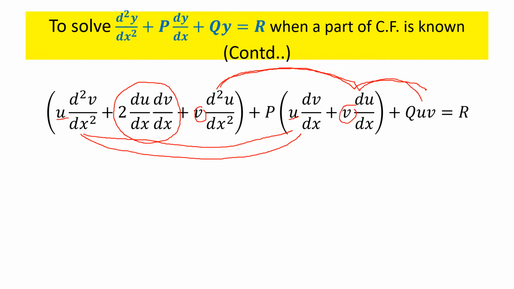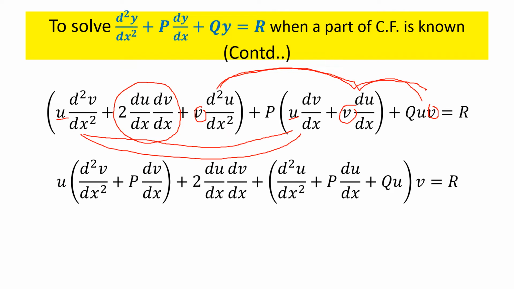So if we take v as the common factor, we get u into d square v by dx square plus p into dv by dx plus 2 into du by dx into dv by dx, plus d square u by dx square plus p into du by dx plus q u, into v is equal to r.